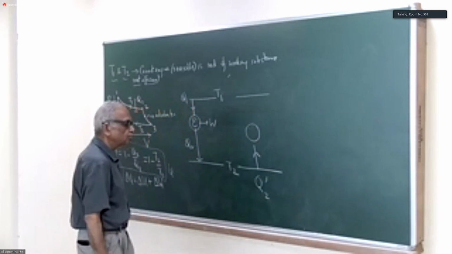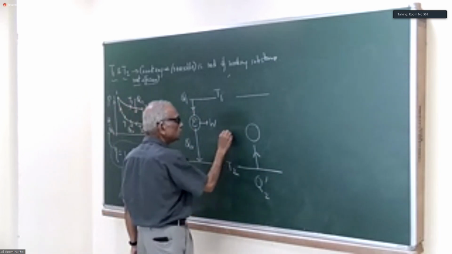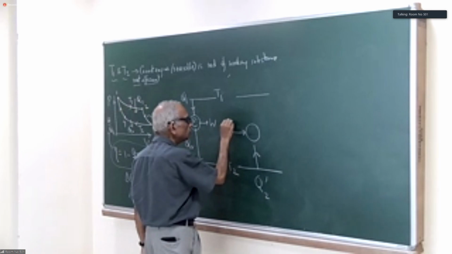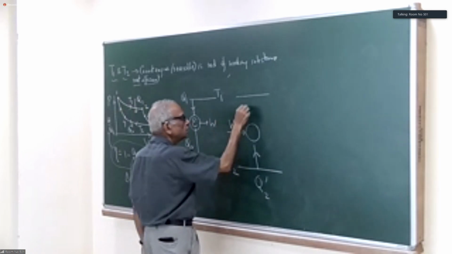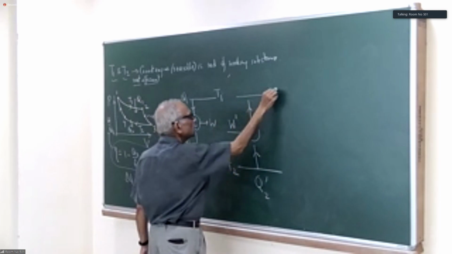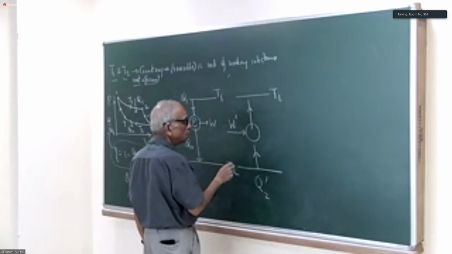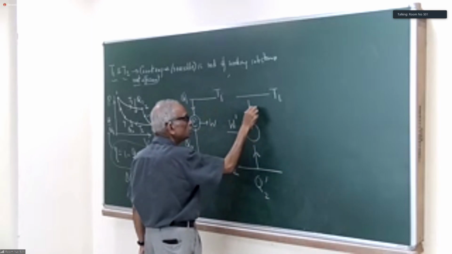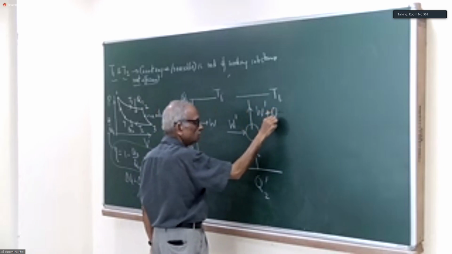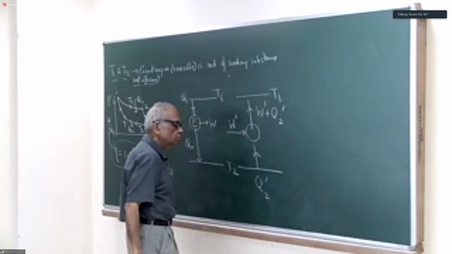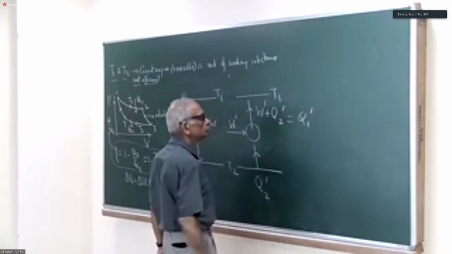It takes in Q2 prime from over here, and then takes in a certain amount of work, W prime, and deposits to this high temperature reservoir. This is at T2, that's at T1, and to the high temperature reservoir it delivers an amount of heat W prime plus Q2 prime, equal to Q1 prime.